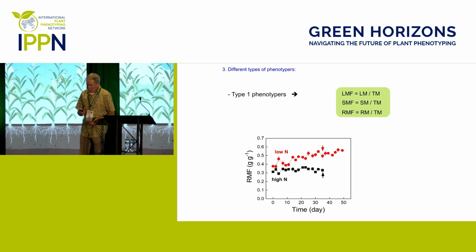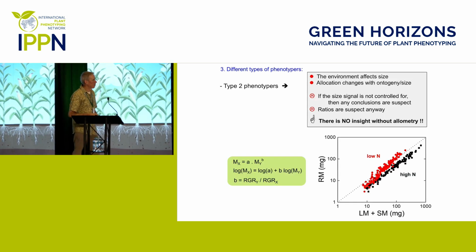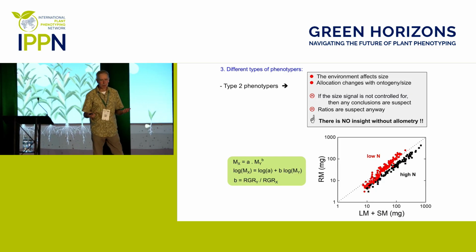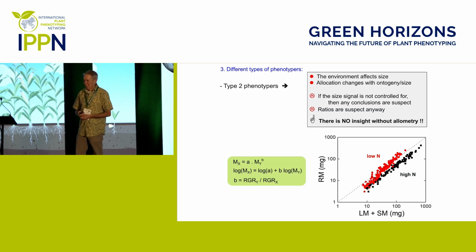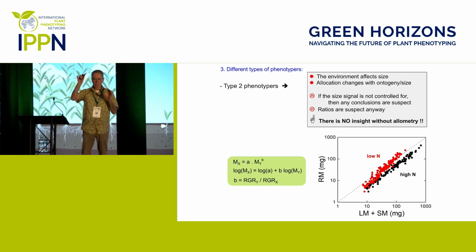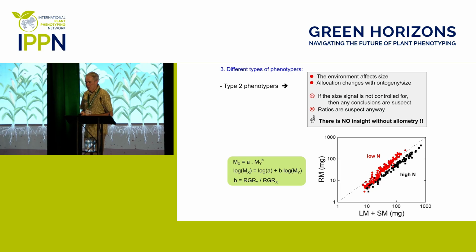But there are other types of phenotypers, that's the type 2 phenotypers, and they are a little bit more critical or gloomy, or how you would express that. And they say, yeah, hey, wait a minute. There is a problem here, because if you apply different levels of an environmental factor, it will mean that the plants will grow differently.